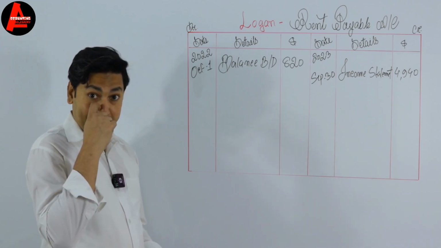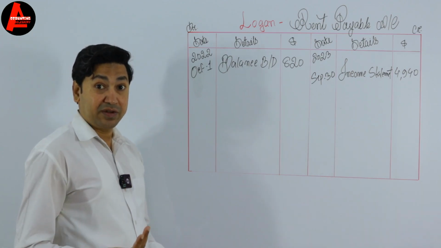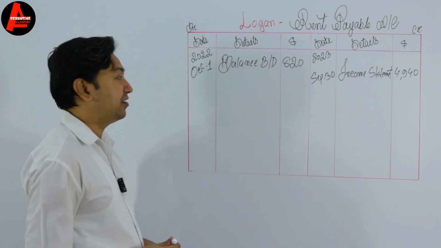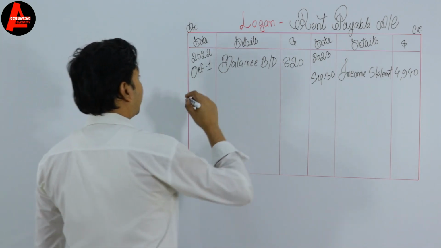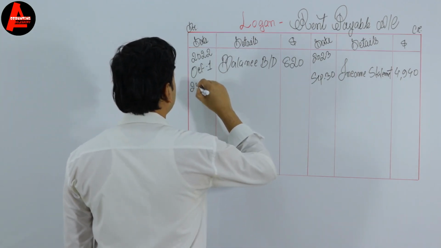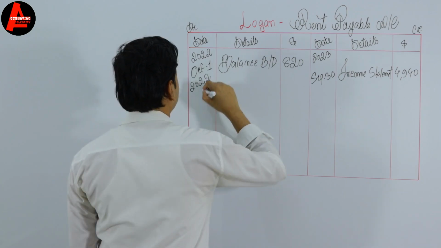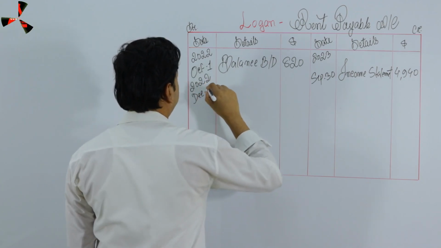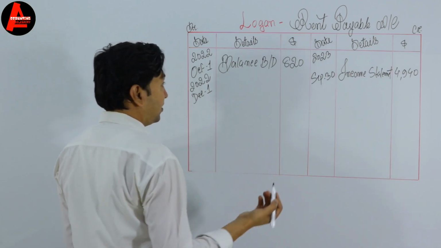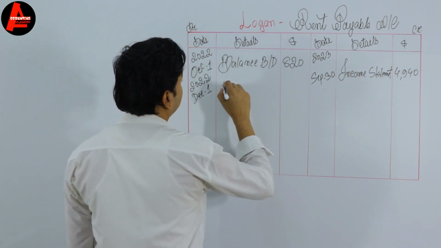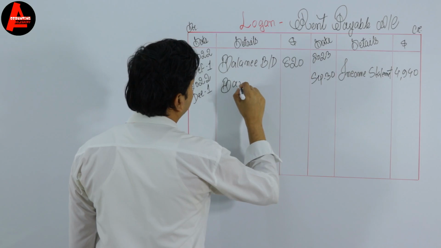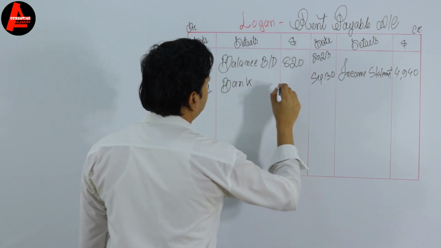So rent is debited, and we write on the debit side.